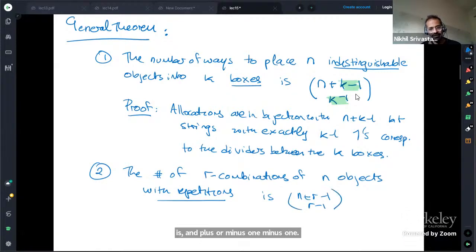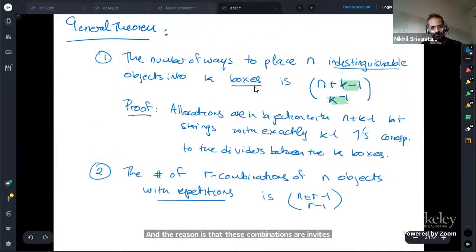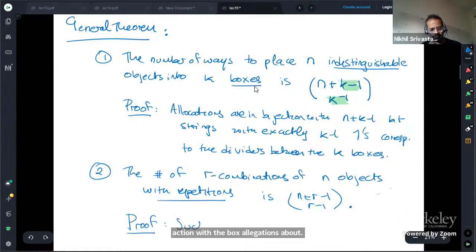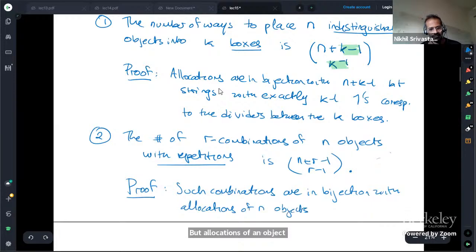And the reason is that these combinations are in bijection with allocations of n objects into r boxes.